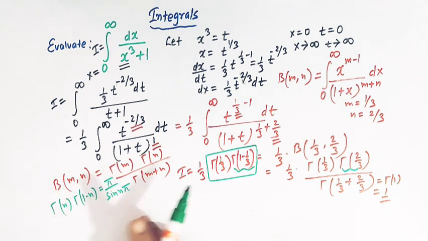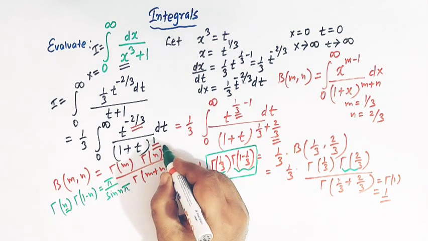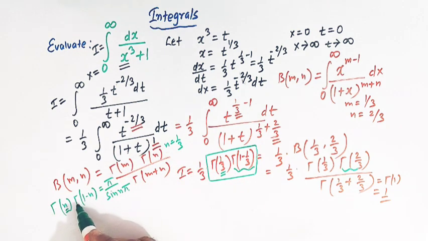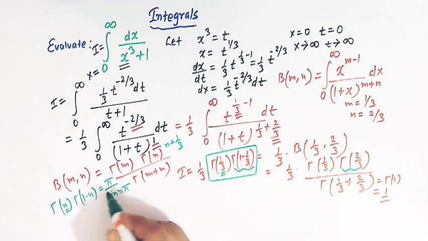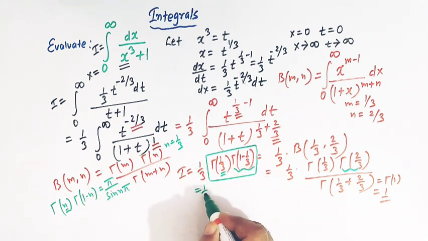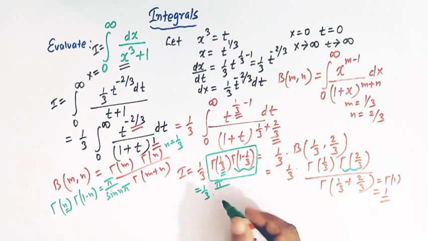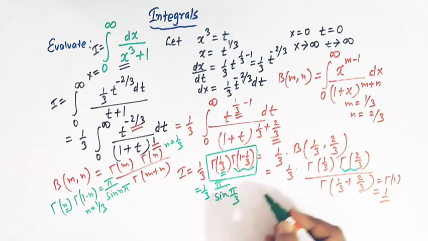So this is the famous Euler's reflection formula in beta gamma functions. So here n is 1 by 3, right? So here we have gamma 1 by 3, gamma 1 minus 1 by 3. So this expression is now pi over sine n pi. So n is 1 by 3. So here we have pi by 3.